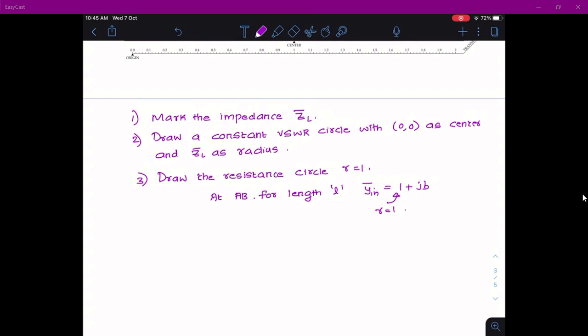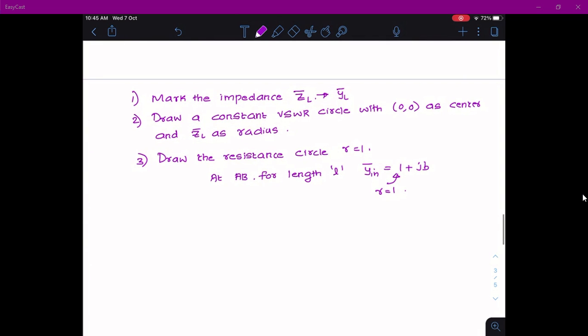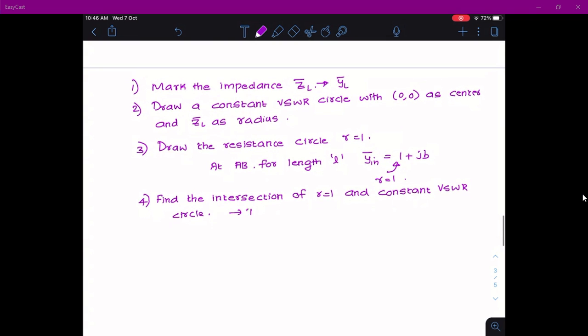So you can also mark YL bar also. Okay. So that's why we are going to draw the resistance circle R equal to 1. Then find the intersection of R equal to 1 and constant VSWR circle. Okay, so there will be 2 points because circle will intersect at 2 points. Fine.